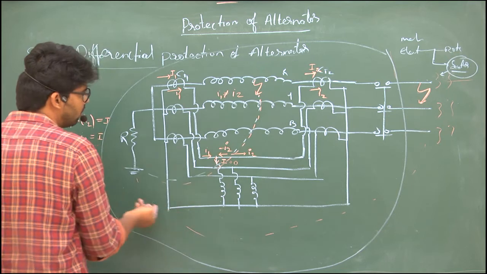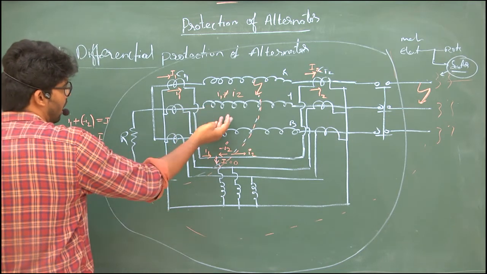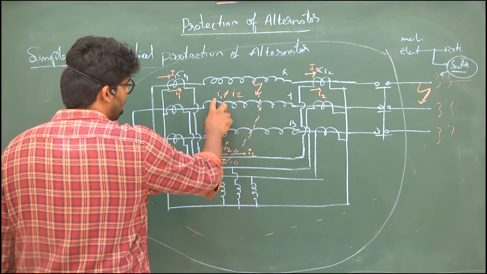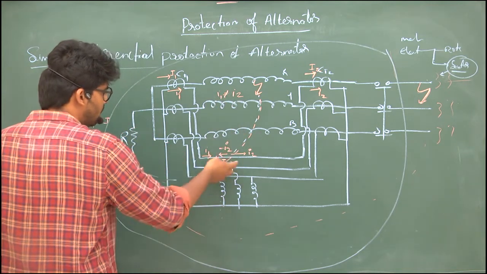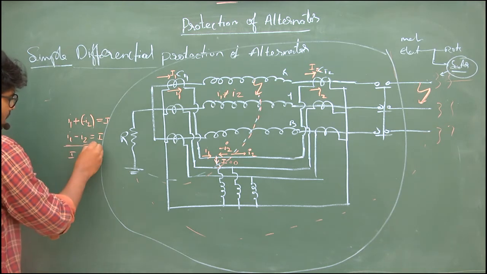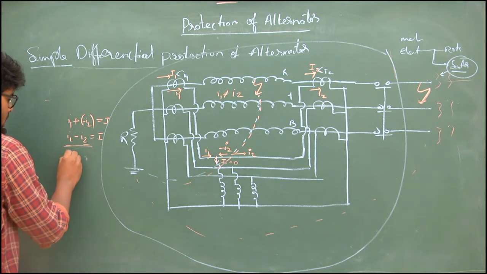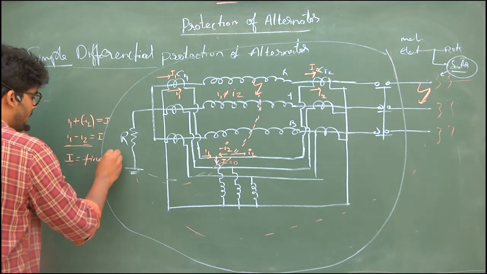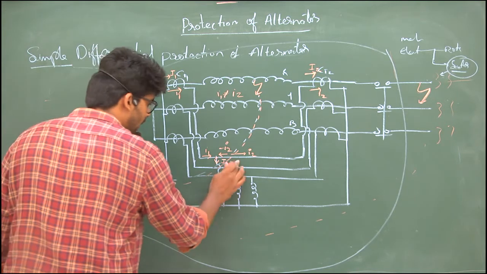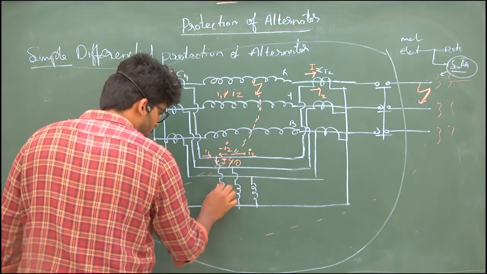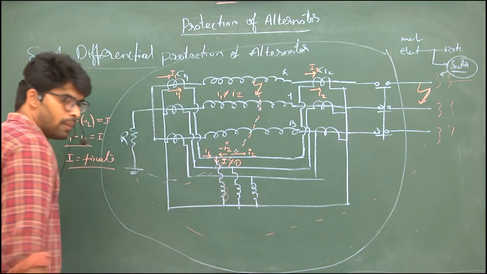If some current is flowing through the ground, the current in one direction will be changed. If the currents are different, then I1 minus I2 will not be equal to 0. So it equals some finite value. Since it is a finite value, not equal to 0, this coil will operate.